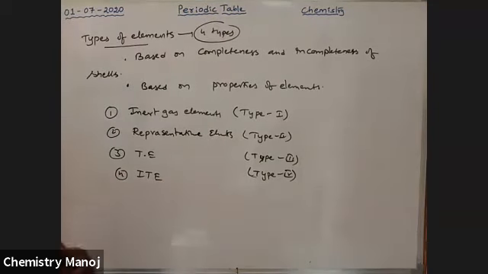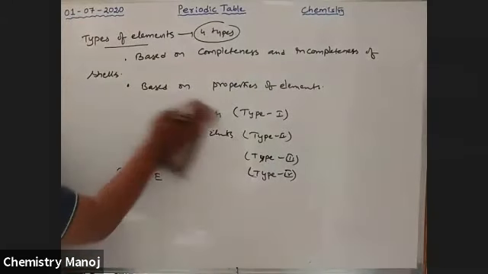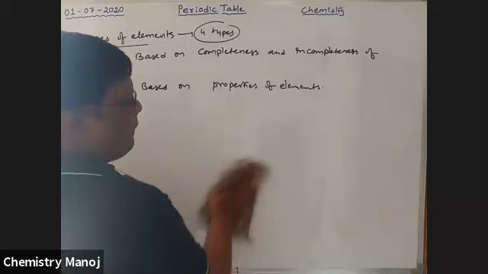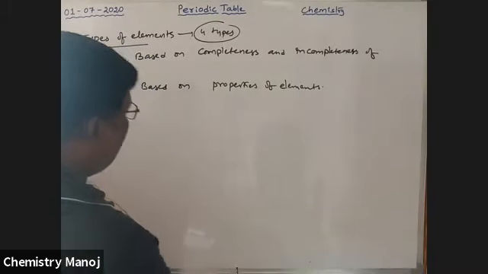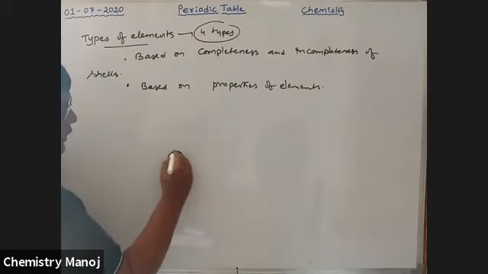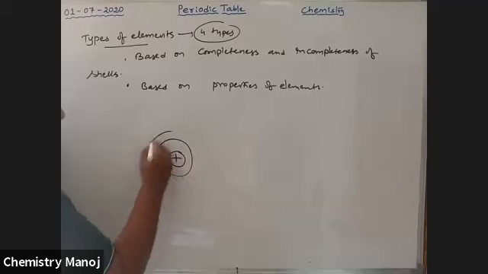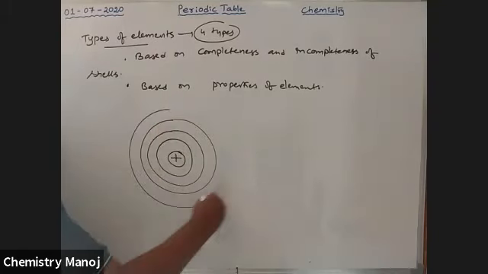See my dear boys, I am explaining one by one, a little fast. See here. This is the atom. It is the nucleus of the atom. These are the different orbits around that nucleus.